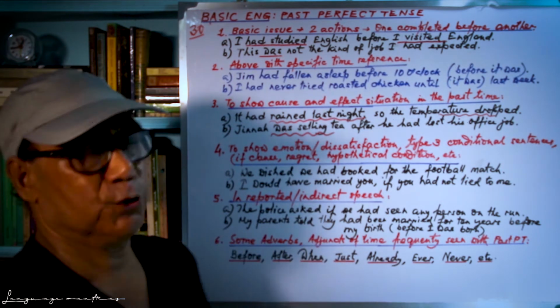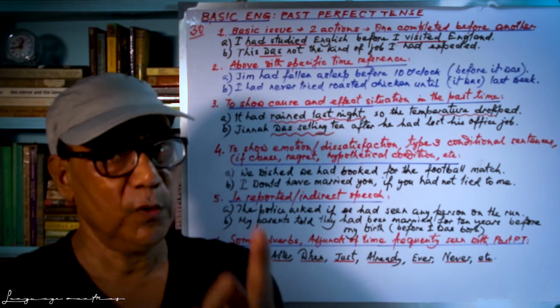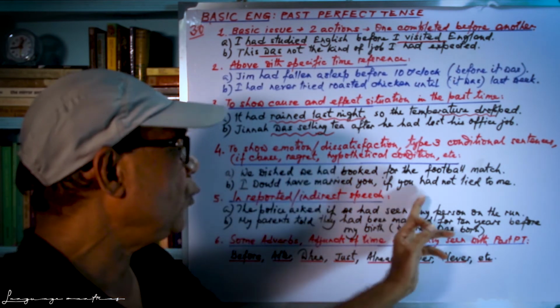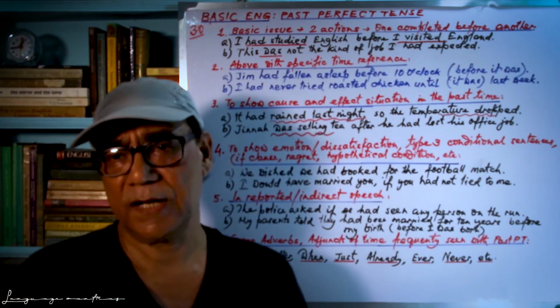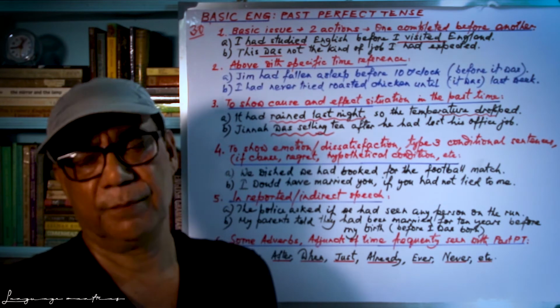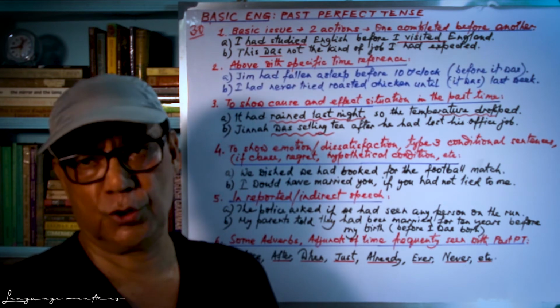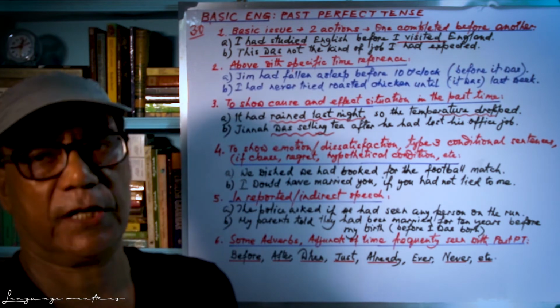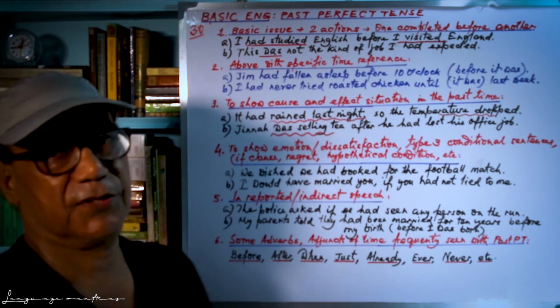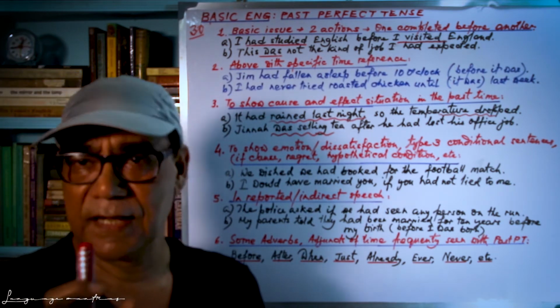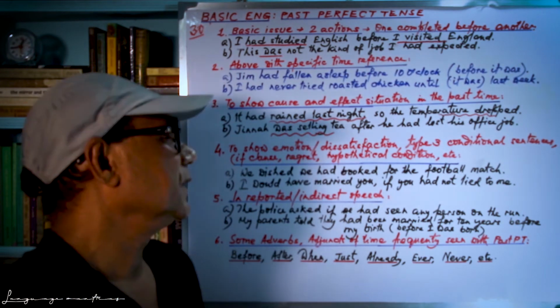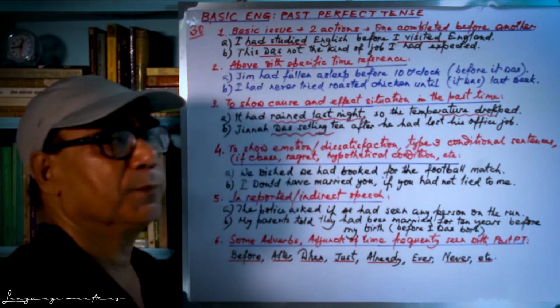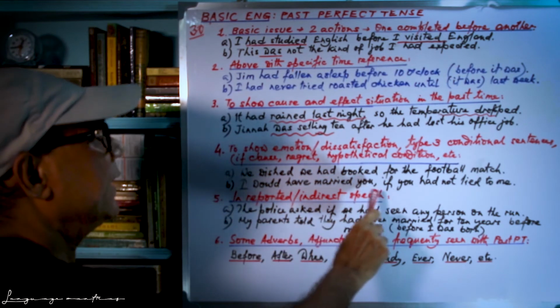I would have married you. I didn't marry you, but I would have married you if you had not lied to me. So what happens here? Somebody lied, a man or a woman lied to his or her partner. That's why the marriage could not take place. So what happened in the past? That action of lying. If you had not lied to me, I would have married you.